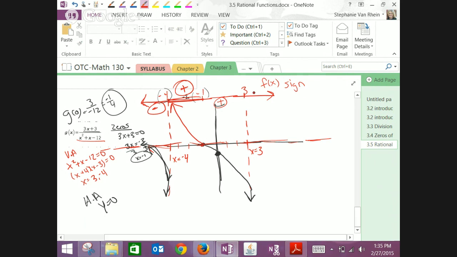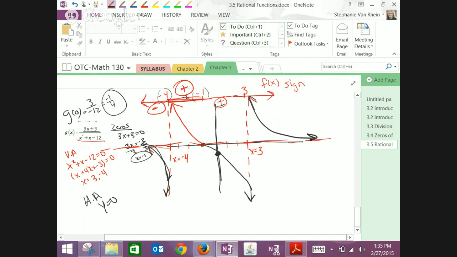So what about numbers greater than 3? Positive. So let's plug in 4. So 3 times 4 plus 3 is positive. 4 squared, 16 plus 4 minus 12 is positive, so I have positive divided by positive. So I have to approach this vertical asymptote, and I have to approach this horizontal asymptote. So approaching that, I only have one choice there.